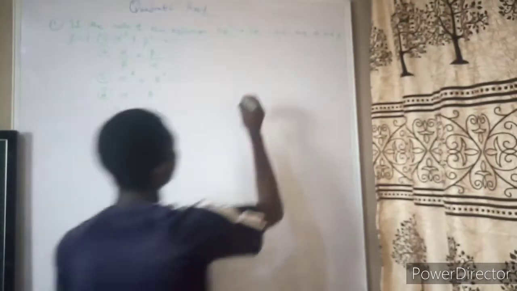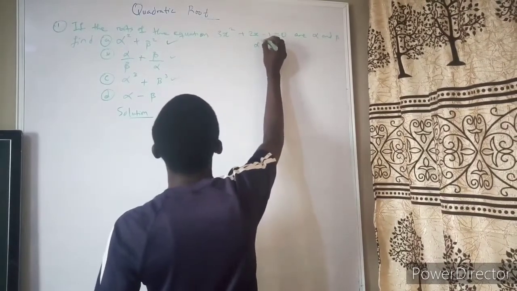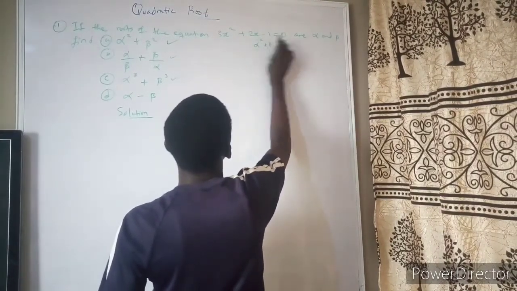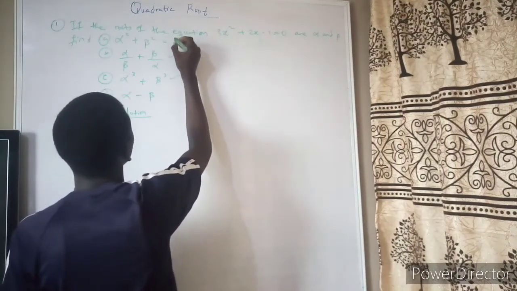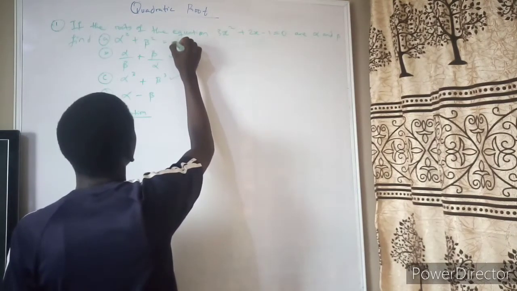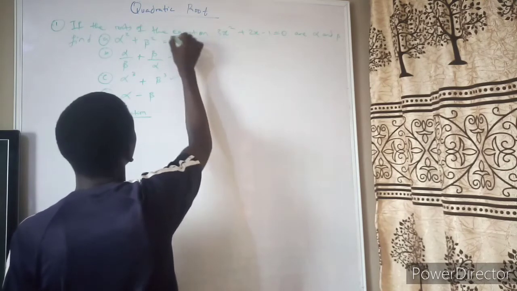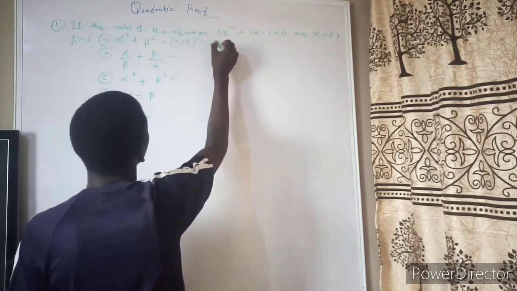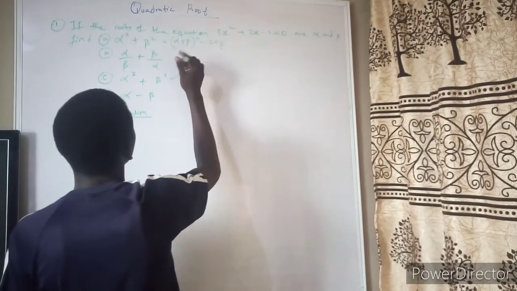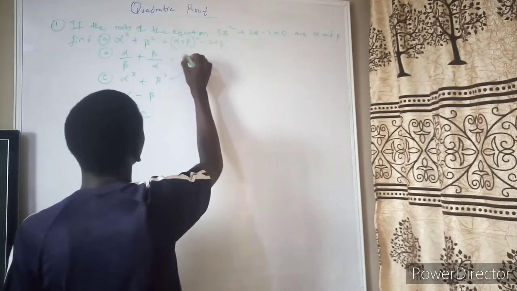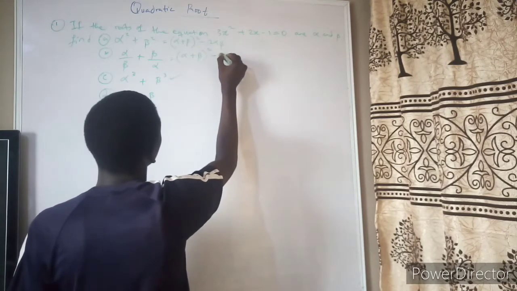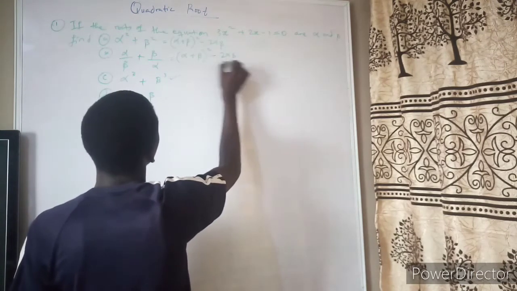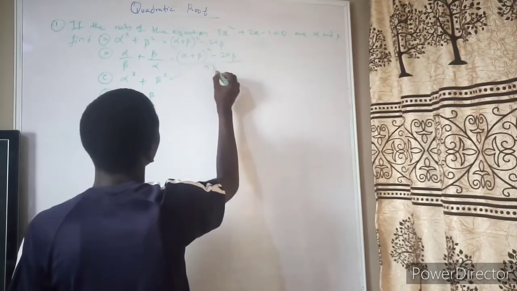And mind you, regarding my alpha squared plus my beta squared, let me just write it beside it. This is equal to alpha plus beta all square minus 2 alpha beta.